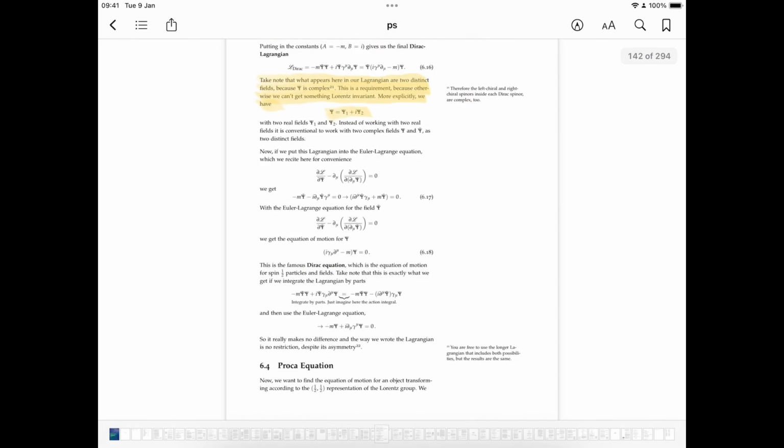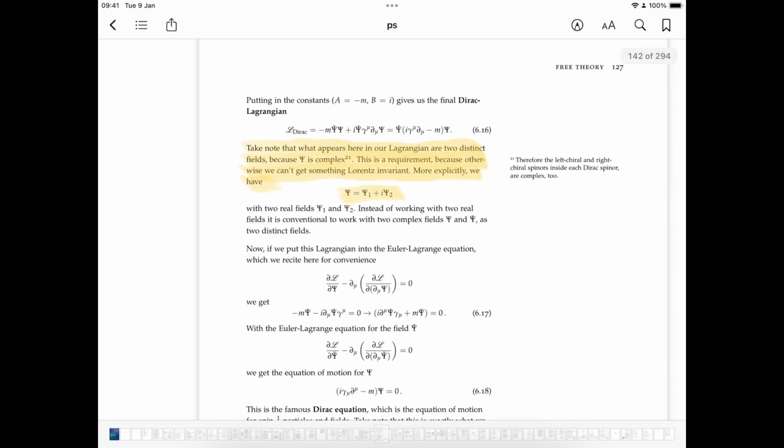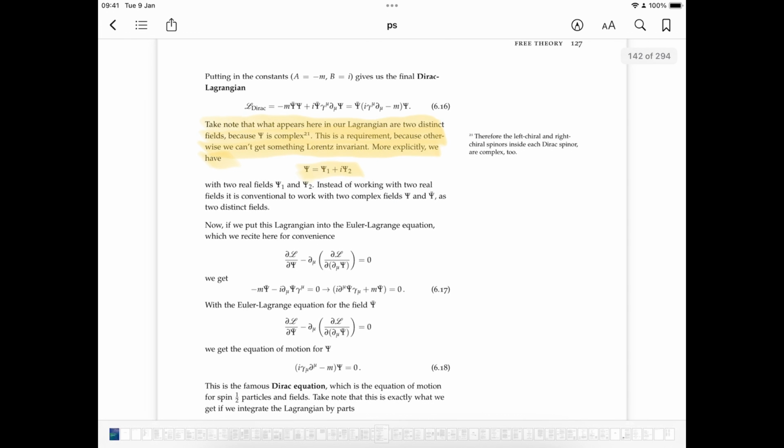If you try to understand what these constants are, I guess he's just putting them there. So he just puts mass and minus i. So we actually have the right Lagrangian to obtain the Dirac equation after we apply the Euler-Lagrange equation, right? I guess we could have done it the other way: apply the Euler-Lagrange equation, then deduce what constants we should have to obtain the Dirac equation. So it's a little bit of hacking, but it's great stuff.